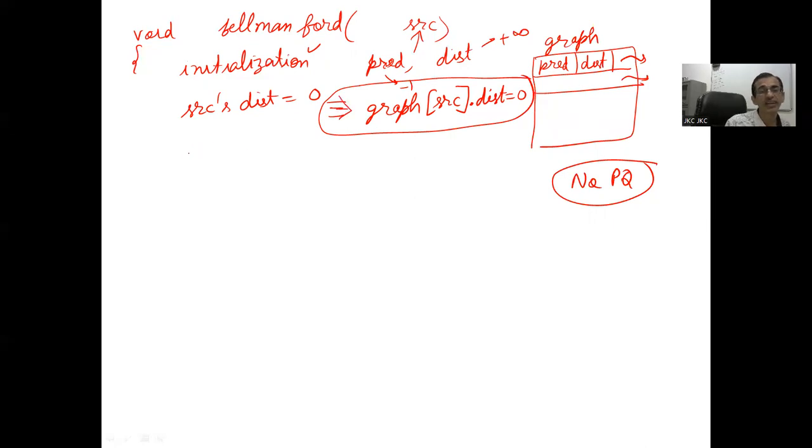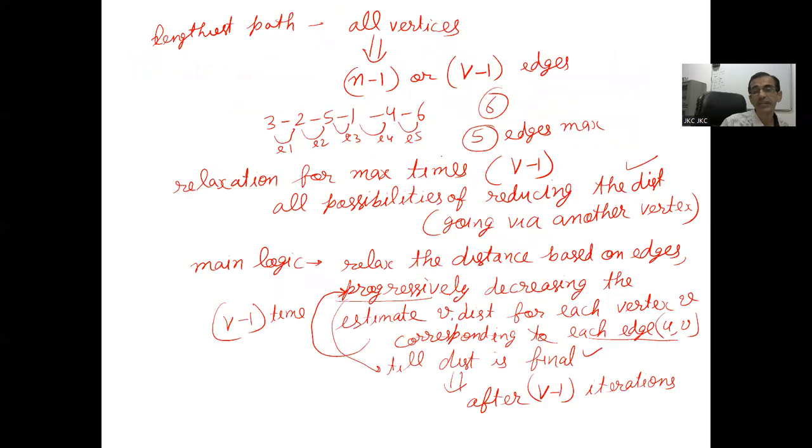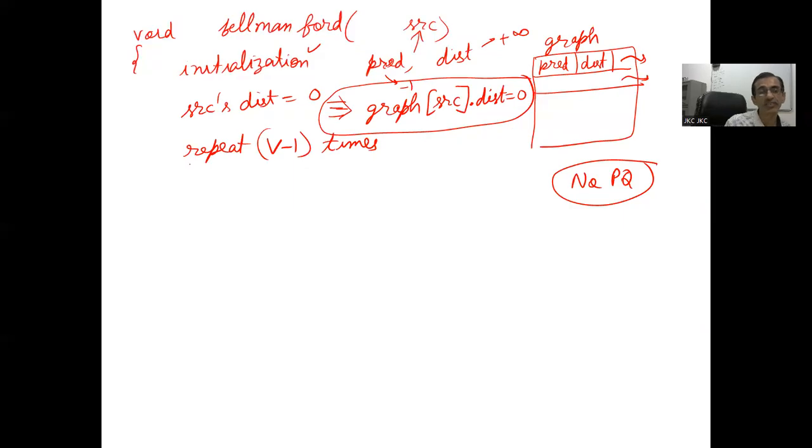Now, what I said is repeat V minus 1 times. So what do I have to repeat? What I have to repeat is all edges to be considered for relaxing every vertex. So effectively, that means I will say for each edge UV in the graph, every edge for all adjacent vertices. So every edge of every vertex to be considered.